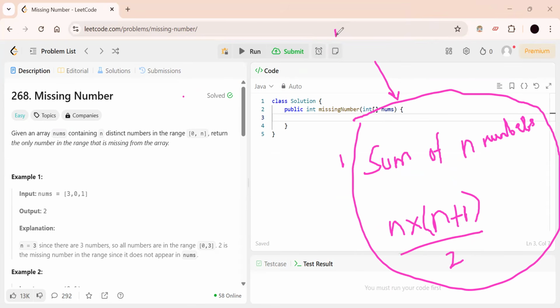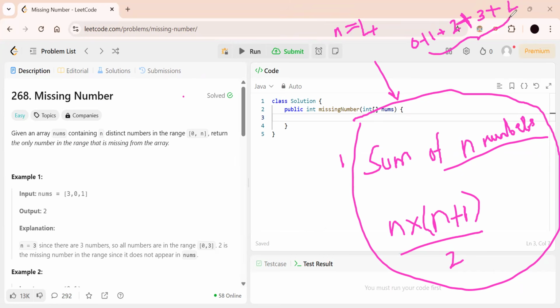For example, n equals 4. What will be the sum of the numbers? 0 plus 1 plus 2 plus 3 plus 4.